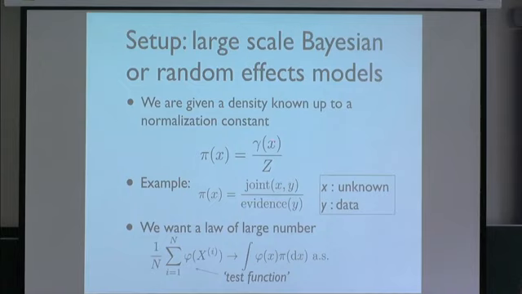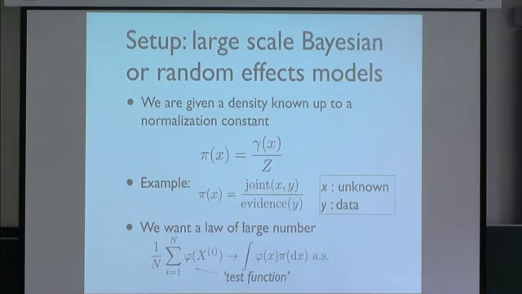The setup that we're interested in is a large-scale Bayesian model or random effect model with high dimensions. Both of these setups can be summarized with this mathematical formalism. It's the usual thing where you have a distribution over X, which is a high-dimensional variable, and we only know it up to a normalization constant.